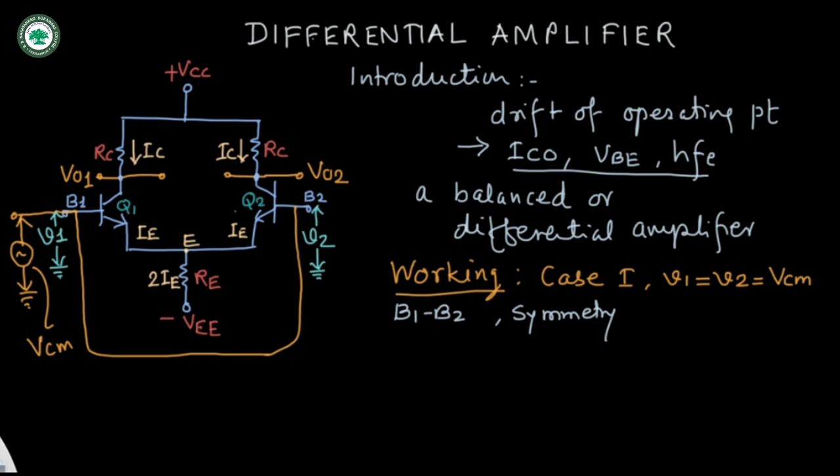The beta of both the transistors is the same, and as we know, differential amplifiers are used as the basic stage of operational amplifier, which is on an integrated circuit. So the ambience of the two transistors is also the same, and therefore temperature is almost the same, the resistors are also the same, the beta, that is gain of the transistor amplifier, is also the same, and therefore we maintain this symmetry.